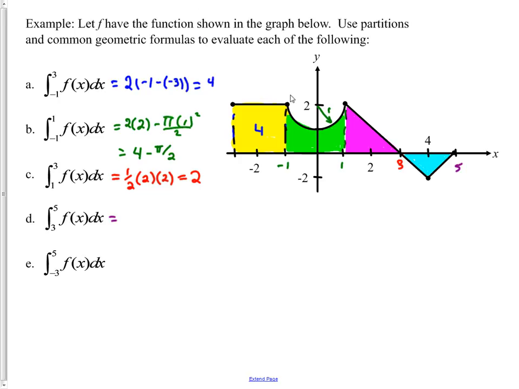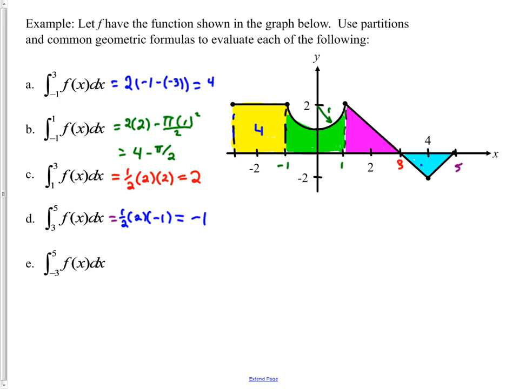And it looks like in our summation right here, we have another triangle that has a base of 2, but this time a height of only -1. So we have to be careful because that falls below the x-axis. And so, of course, our area right here, this one's going to be -1.